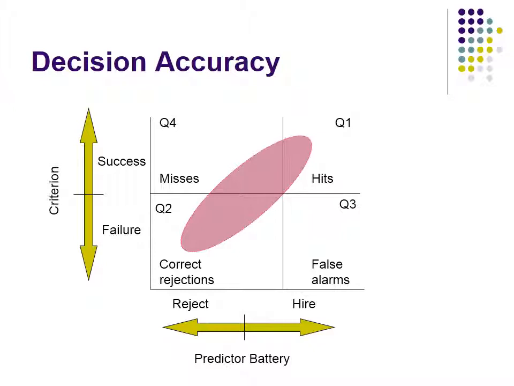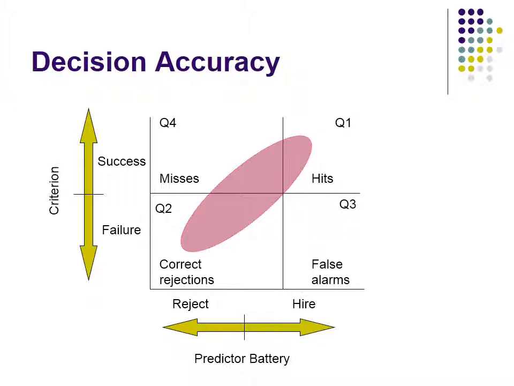So in this case, with this particular data set, we could say, well, instead of hiring half of the people and getting mainly hits, we're going to bring up the actual requirements for us to hire someone to almost the very top end of the prediction battery. We're only going to hire people that are at a very high level on predicted success. And what's going to happen is almost all of them are going to perform.